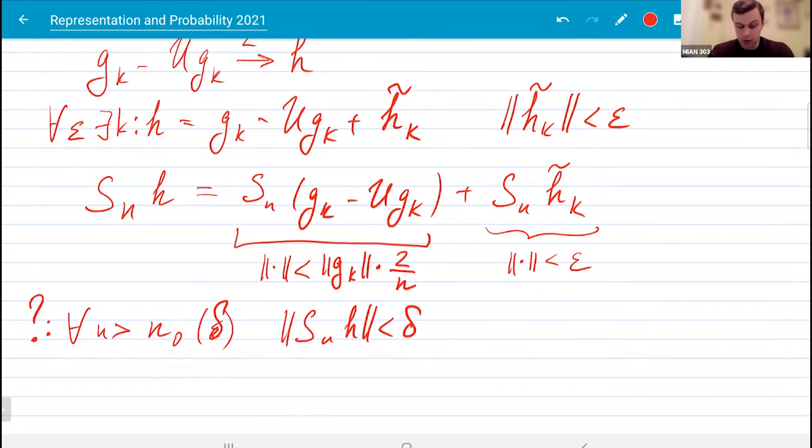How do you prove this? You take this delta, take epsilon equal to delta over 2. Then you choose k from here.